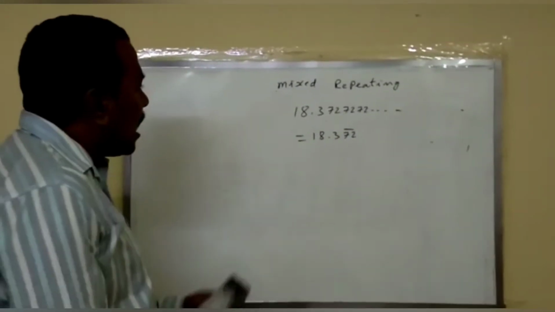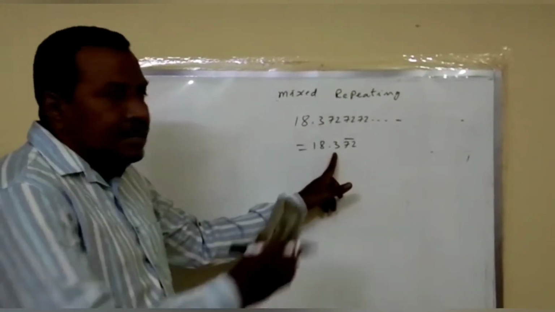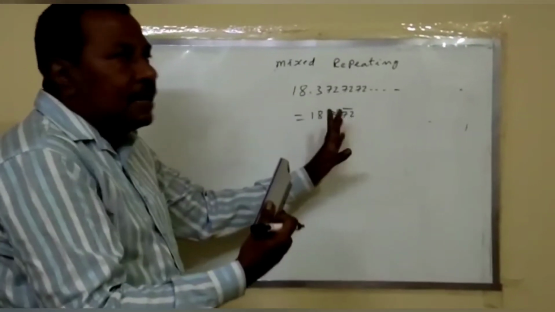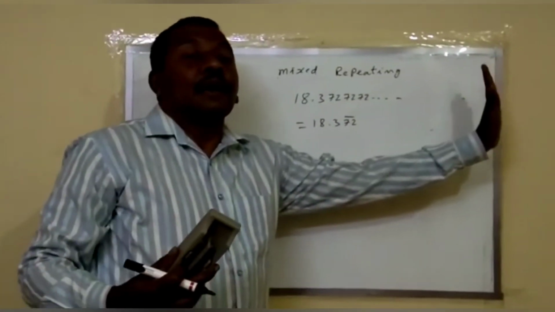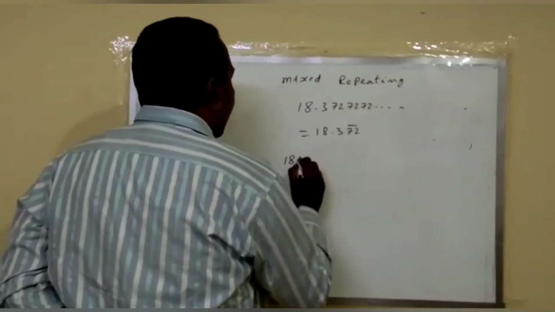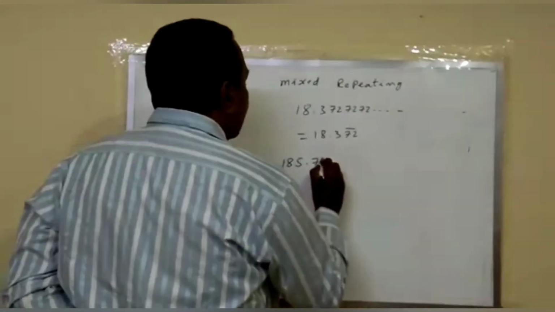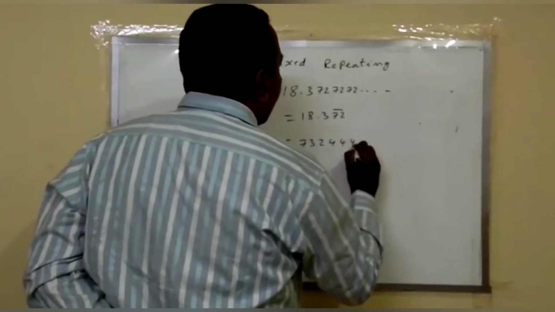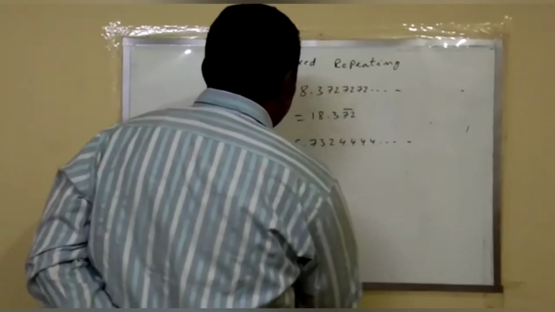That means after the decimal point, it leaves some digits. Some digits are left over and the remaining digits continue repeating. Another example: 185.7324444 and so on.